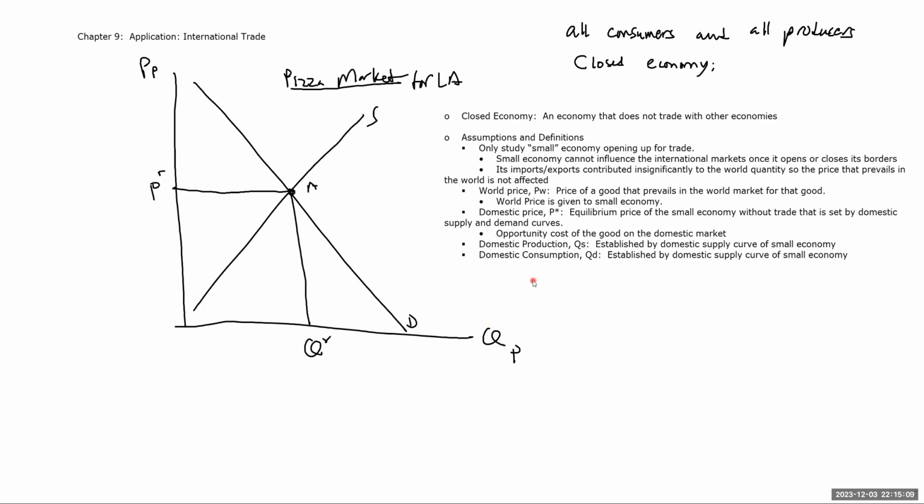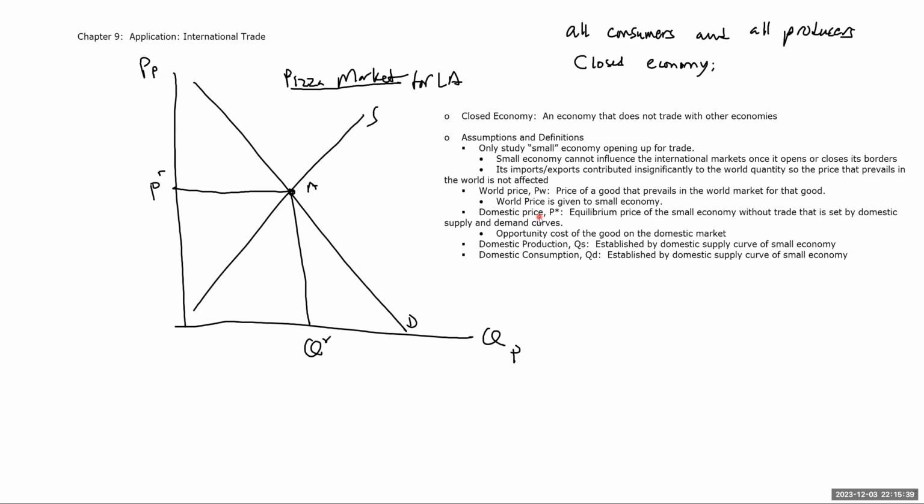I'm going to introduce a new term called world price, or PW. This is the price of that good, in this case pizza, that prevails all around the world. And this world price is going to be given to the small economy. The small economy cannot influence the world price. The P star is now going to be called the domestic price.